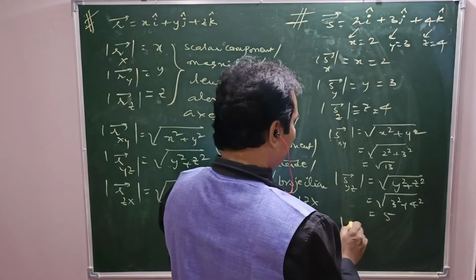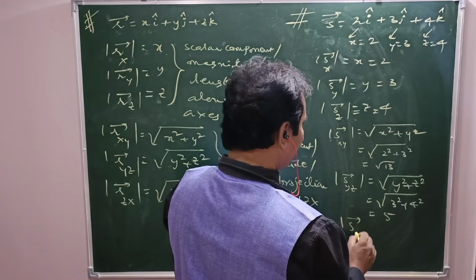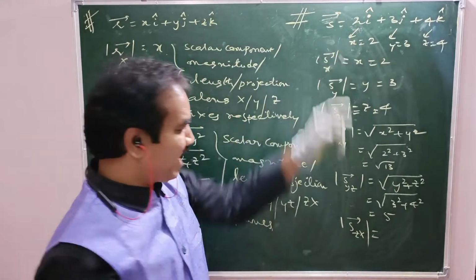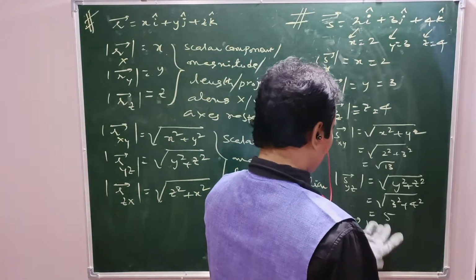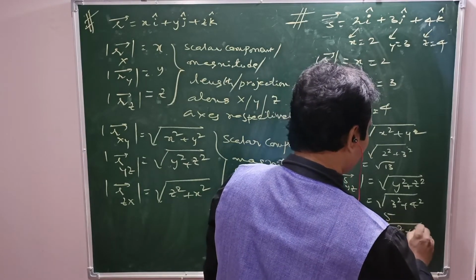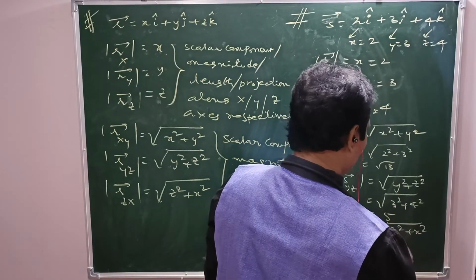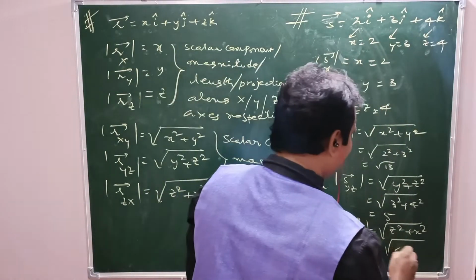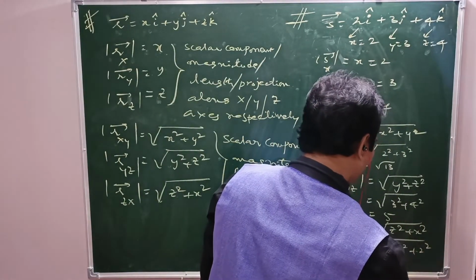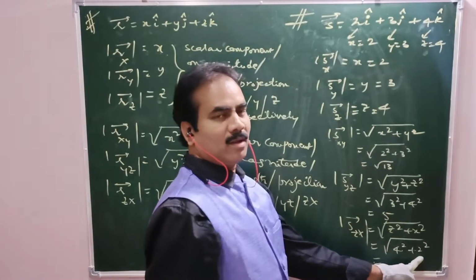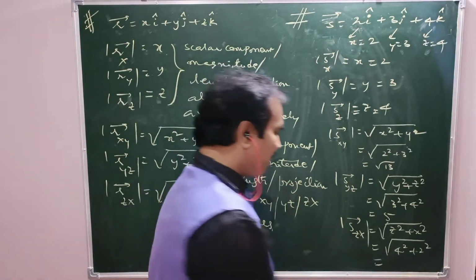Coming to s bar suffix zx, the length of the given vector in the zx plane, how to find it? Root over z square plus x square, that is root over 4 square plus 2 square, that is 16 plus 4, root 20.